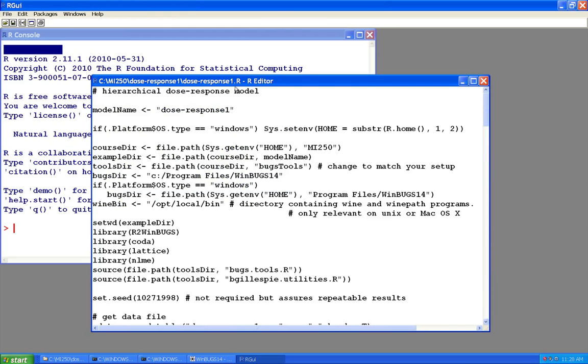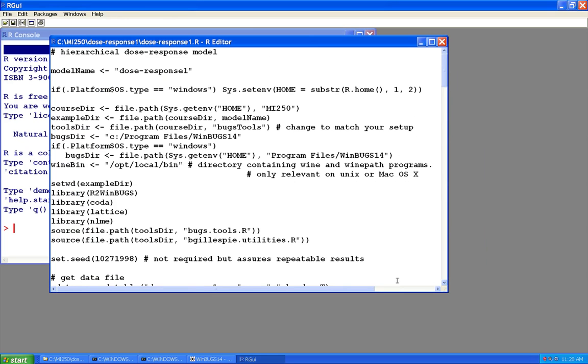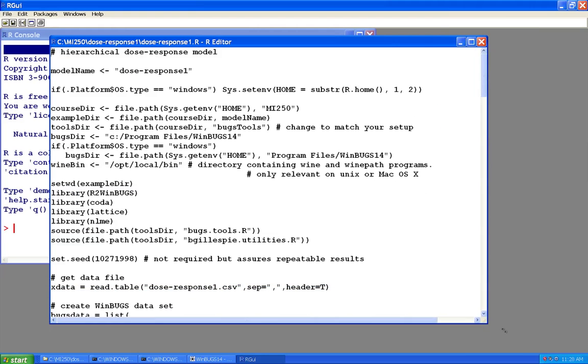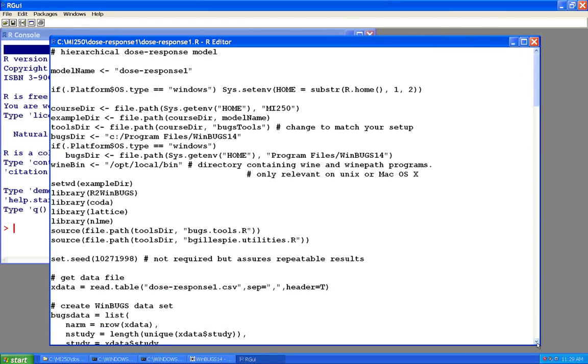There we go, dose response R. You'll find it to be very similar to the ones we did for the linear 1B example and your last homework example. The bulk of this is very much the same. Of course, we've got a different model name now. We call it dose response 1 in here.